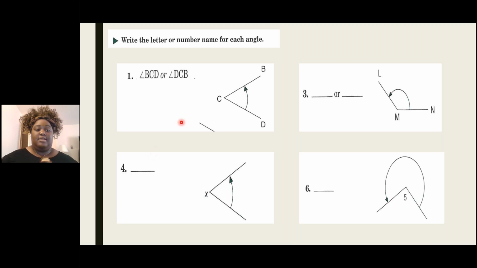Okay. So it'll be angle, remembering that symbol, it'll be angle BCD or angle DCB. Just remembering that whatever letter is at that vertex, in this case is C, that's going to be my middle letter.